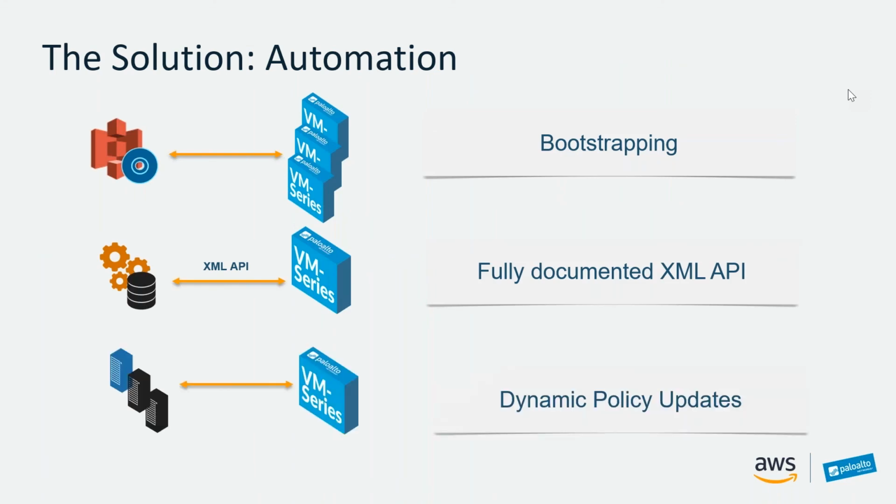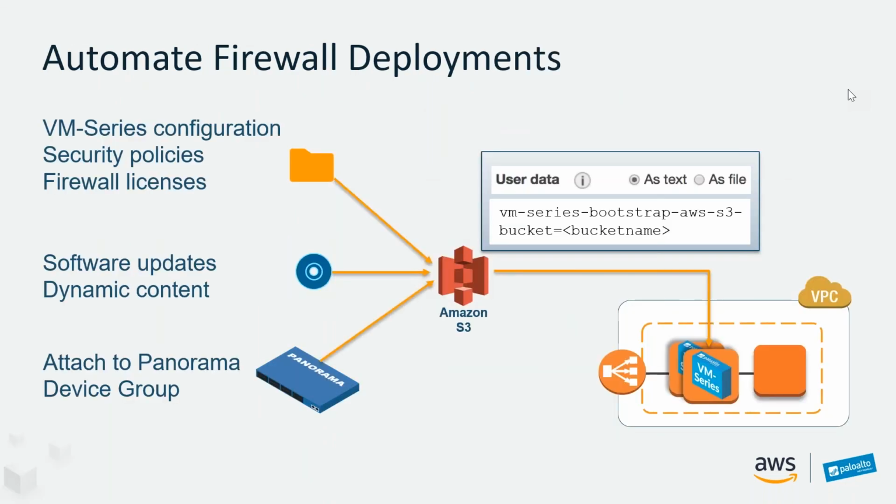So there are 3 features I'm going to talk about today very briefly. Bootstrapping is one of the key features, a fully documented XML API, and then dynamic policy updates. These are features within the VM series next generation firewall. The bootstrapping capability allows you to create a golden image, a completely configured firewall with routing, firewall licenses, security policies, and so on.